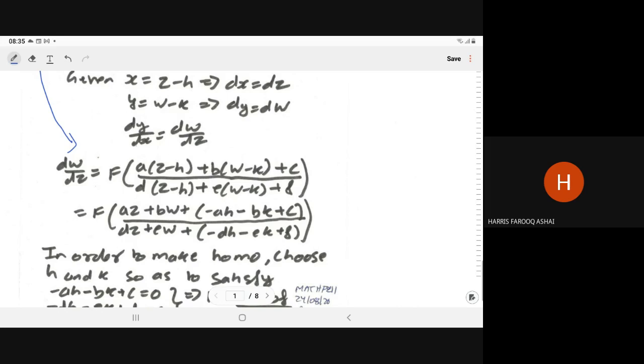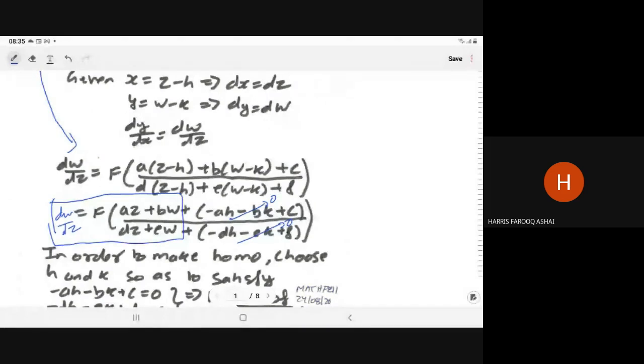So if you want to make the homogeneous equation, this part must be equal to 0, this part must be equal to 0. You have to make this remaining part equal to 0.